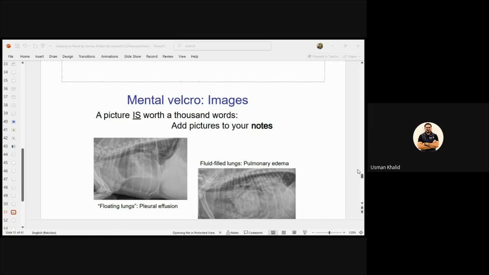So the second thing is you can make some maps, I will say, and you can make your own smart notes. You can make some kind of mnemonics. Last day I was discussing with my friends here, we have a case of a urolith in a horse.